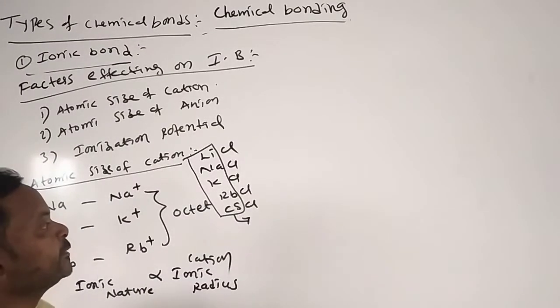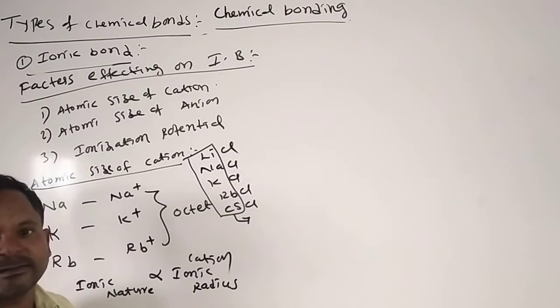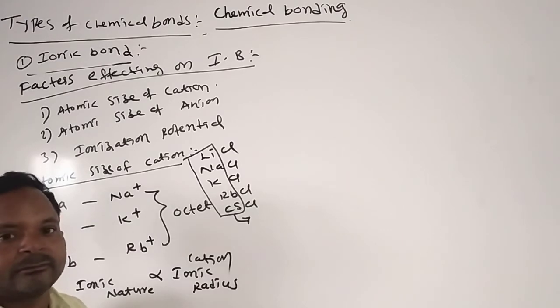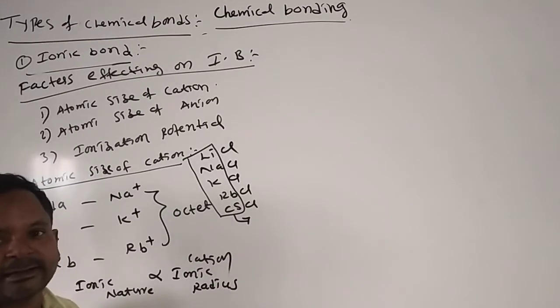See here, sodium chloride, potassium chloride, RbCl, cesium chloride, and lithium chloride. Which cation has more size? Cesium. So cesium easily loses the electron and forms the cation fastly. So this has more ionic character.